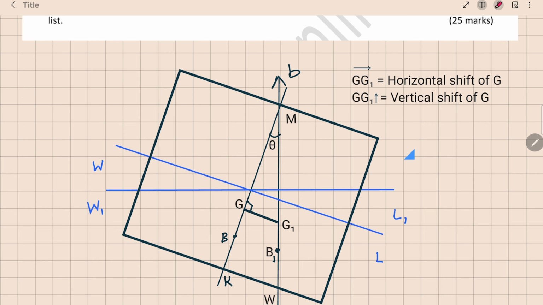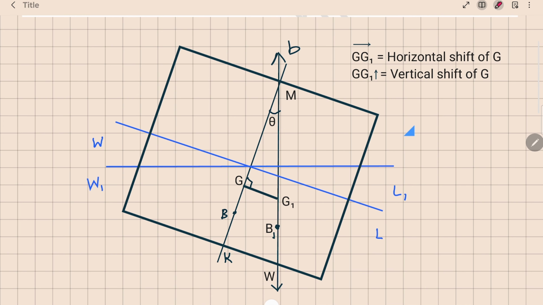In the questions of list, we must understand this diagram. This is the vessel listed to starboard, and this is the center line as along the pointer I'm showing. Before, the ship was upright, the center of gravity G and center of buoyancy B both were on the center line. Now the ship is listed due to unequal weight distribution on port and starboard side of the vessel.